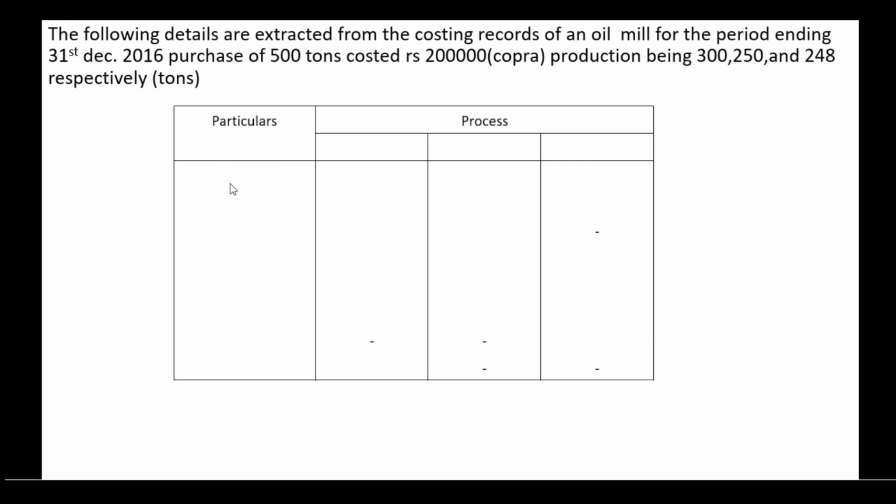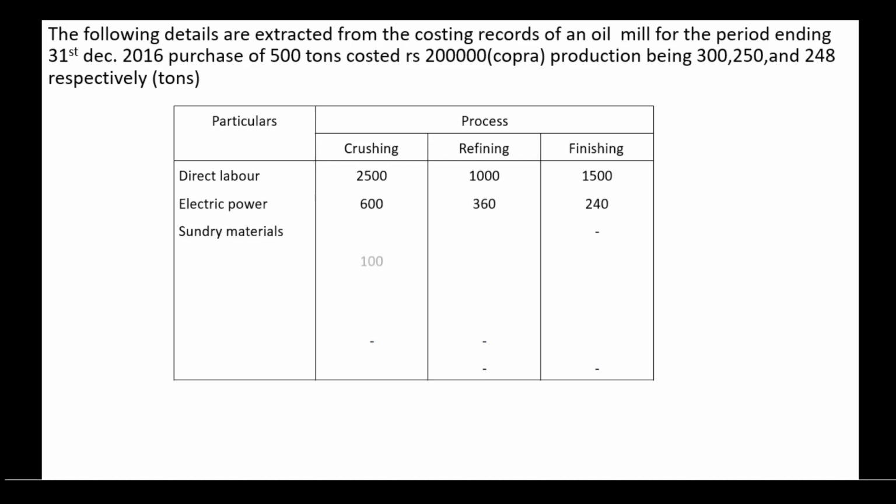Particulars, processes. The process first crushing, next refining, the last process finishing. Direct labor 2500 for crushing, 1000 for refining, 1500 for finishing. Electric power 600, 360, 240.